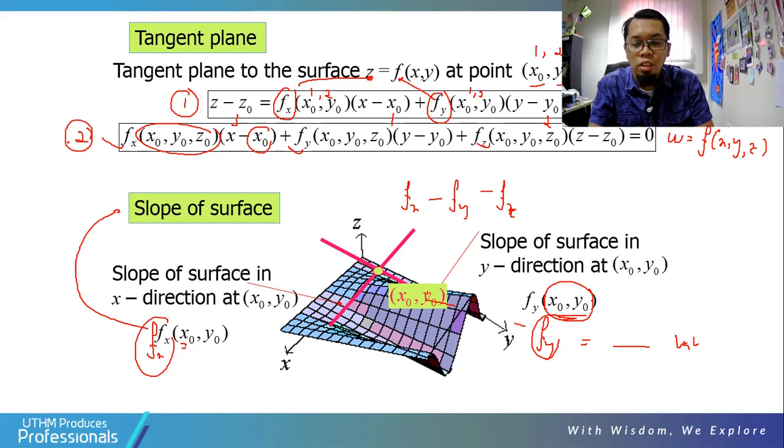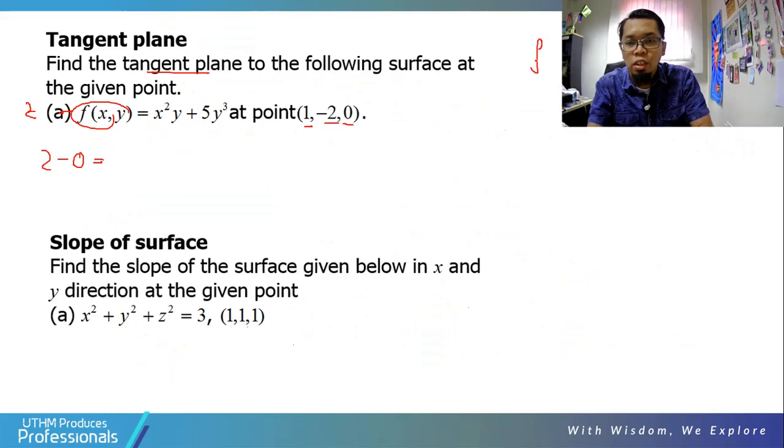fx, fy. Determine fx and fy. So fx equals 2xy, and fy equals x squared plus 3y squared. Then you substitute the point (1, -2).